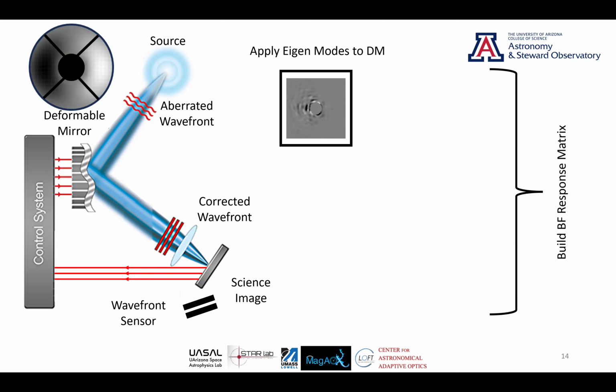So what we did was we applied Hadamard modes onto our deformable mirror and took the SVD of those Hadamard modes, and what we ended up with was a modal-based set that increased in spatial frequency as you went up in mode order. The first 20 or so looked very Zernike-esque, and if you go up in mode order with Zernikes, you basically get fancy scalloping around the edges of the pupil the higher you go.